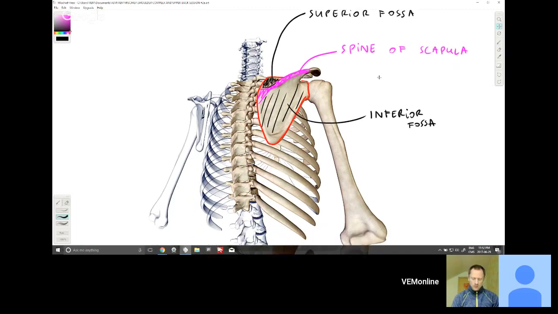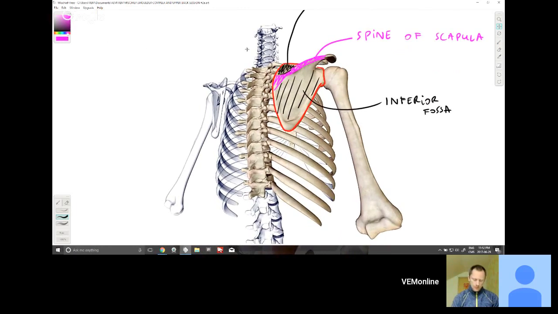Then some other landmarks. Let's talk about angles. So once again, directions. Superior, that's going towards the ceiling. That's up. Inferior going downwards, towards the floor. And then towards the front, anterior, towards the back, posterior.